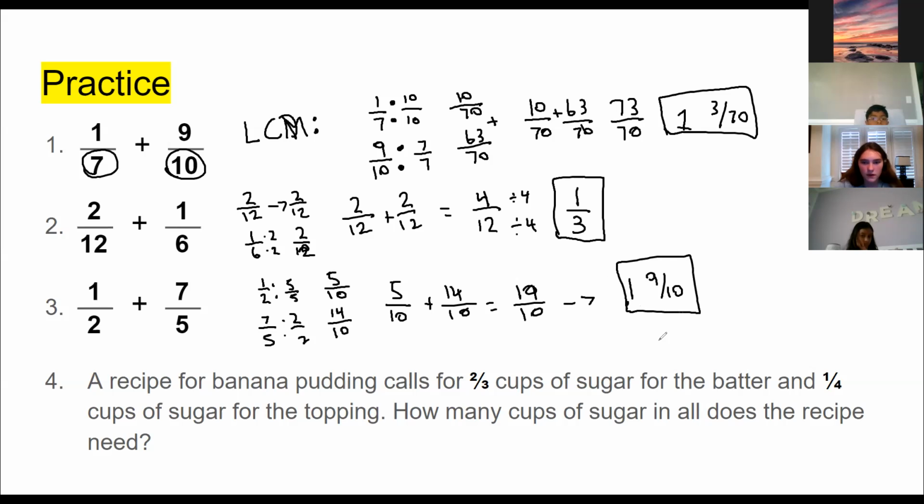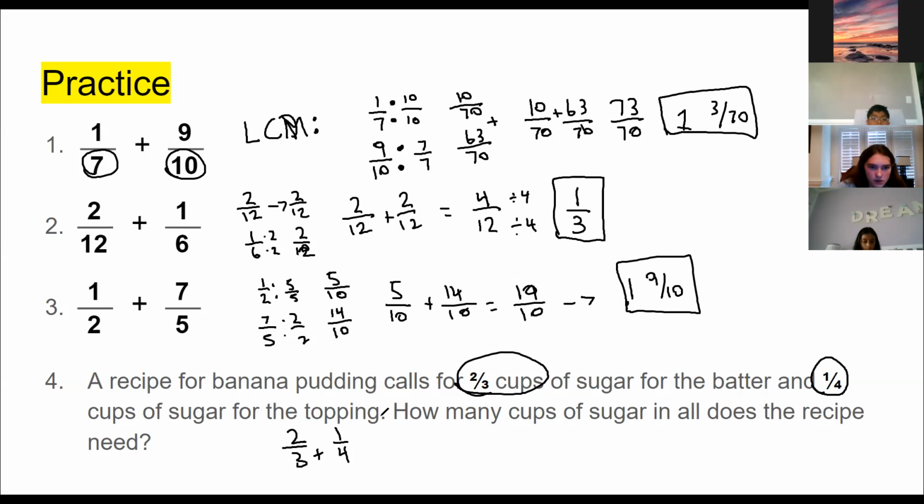Okay, so I think we can do the fourth question as well. A recipe for banana pudding calls for 2/3 cups of sugar for the batter and 1/4 cups of sugar for the topping. How many cups of sugar in all does the recipe need? So it's asking us 2/3 plus 1/4.